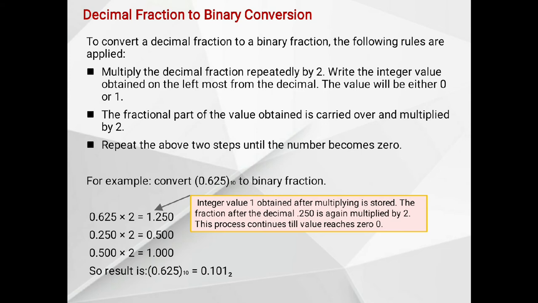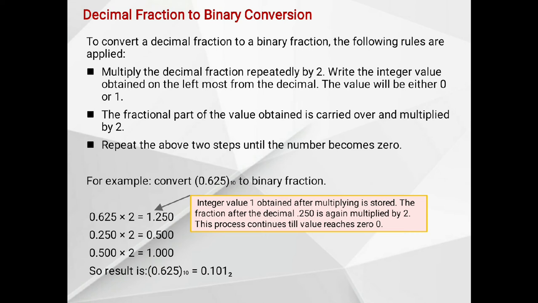So what you do is multiply 0.625 by 2. You get the value 1.250. The integer number 1, which is on the left side before the decimal point, is stored, and then the fractional value, 0.250, is carried over and again multiplied by 2.